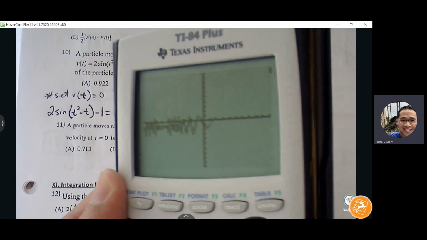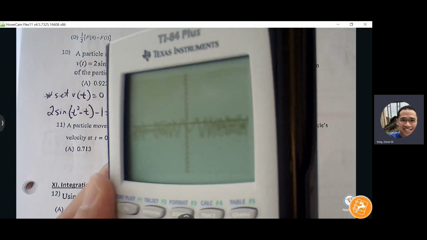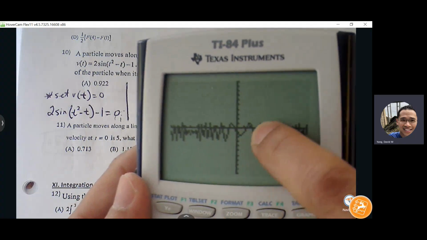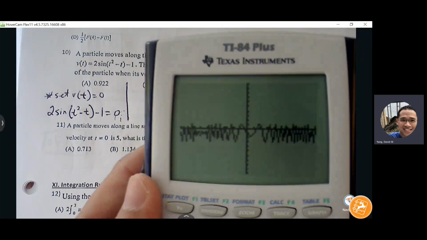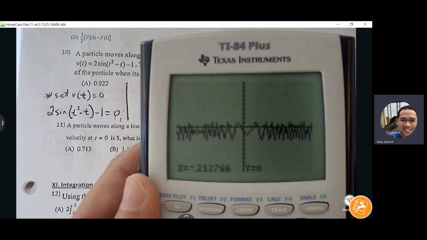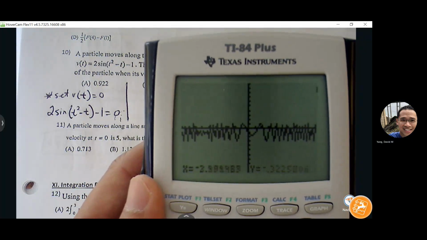I'm going to look for an x-intercept that's after 0, right? I know it's a mess here, but really the first intersection that I see after 0 is going to be between 1 and 2. So I'm going to do a zoom box here so I can zoom in on just that portion that I want to look at a little bit more closely.